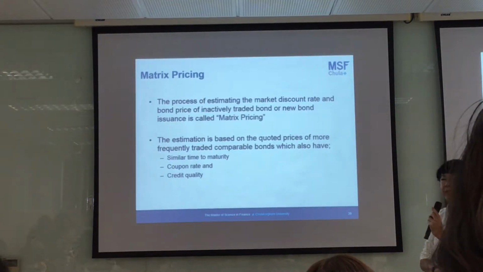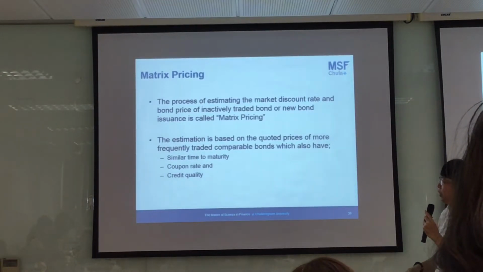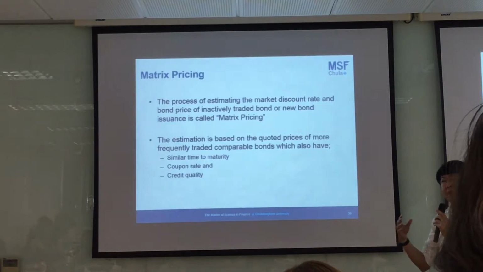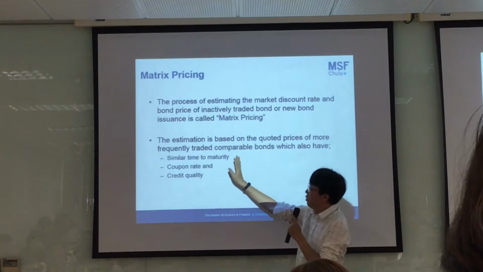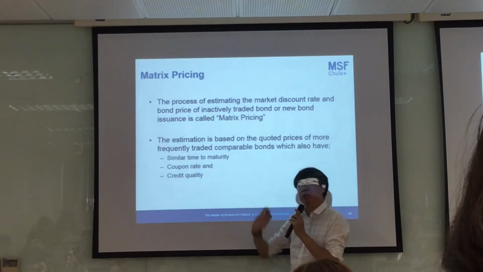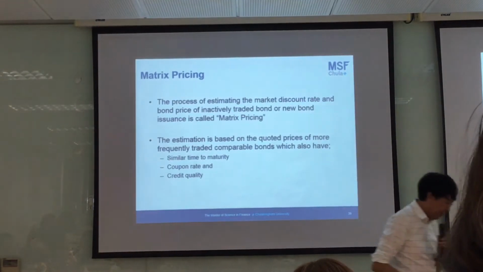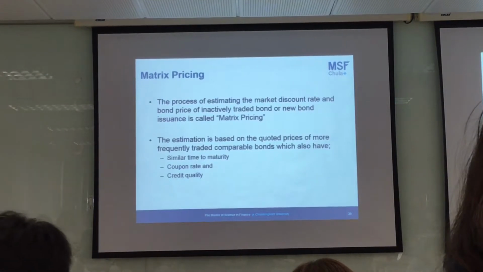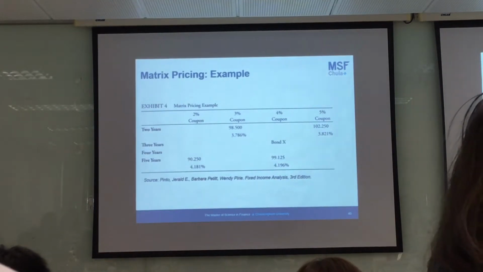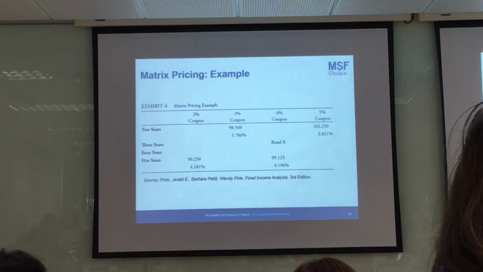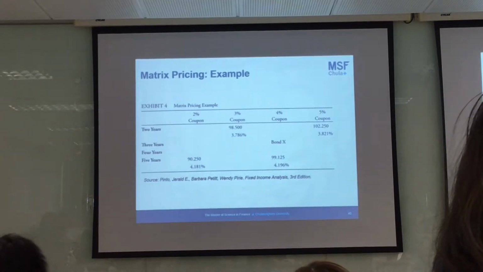The idea is quite straightforward. We obtain the data of other bonds that have similar characteristics, like the same maturity, same coupon rate, or same credit quality. Based on the other bonds that we can obtain data for, we try to come up with the indicative price or indicative yield for a certain bond.